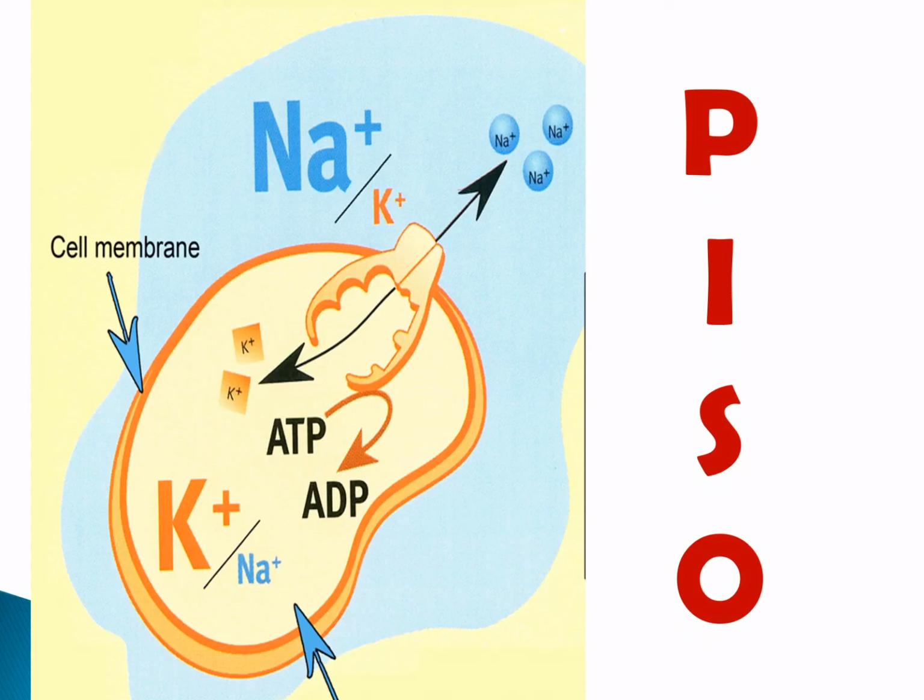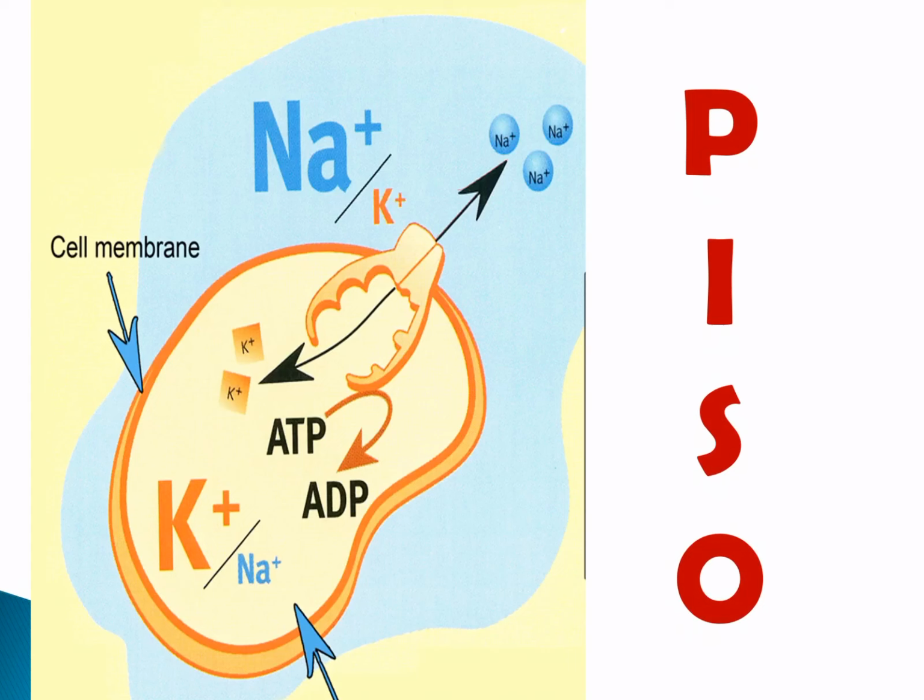Okay, so what do we mean by this? Remember, potassium is in, meaning potassium is inside the cell. The abundant electrolyte that is found inside the cell is your potassium. So you expect that there will be a lot of potassium inside your cell.